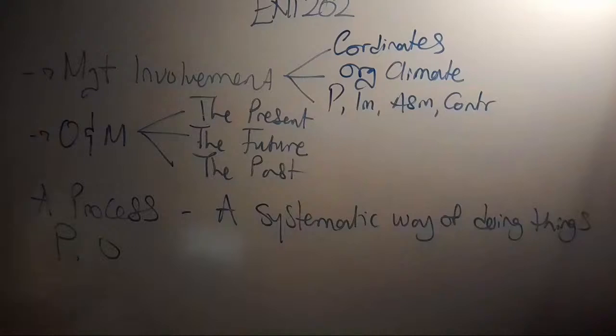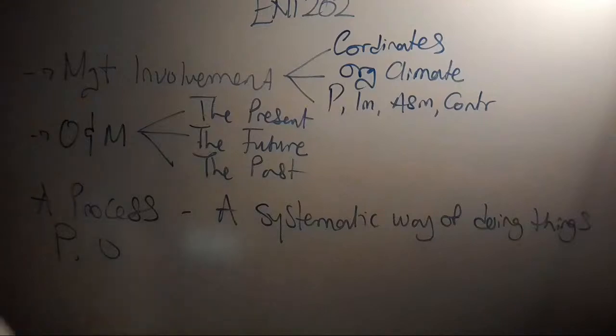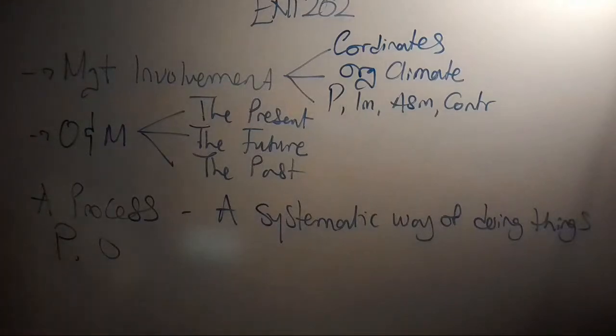Are we good? Planning is the determination of objectives and the possible strategies to accomplish them. We have objectives being determined and the possible strategies which will help in accomplishing the objectives.